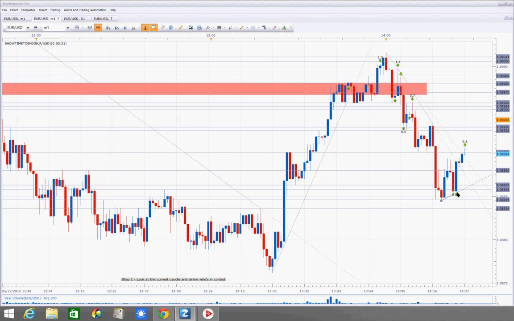Can't really buy it over here as yet because you have that strong force of the momentum of our bearish candles. But now that we have established that this is a good demand area, so if price heads back down, then bingo.